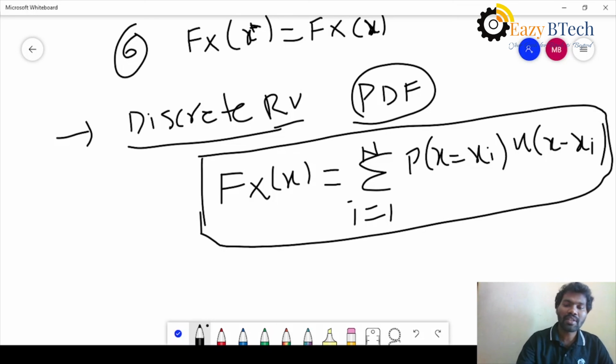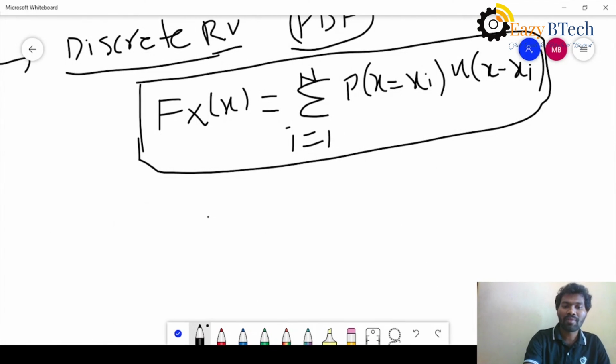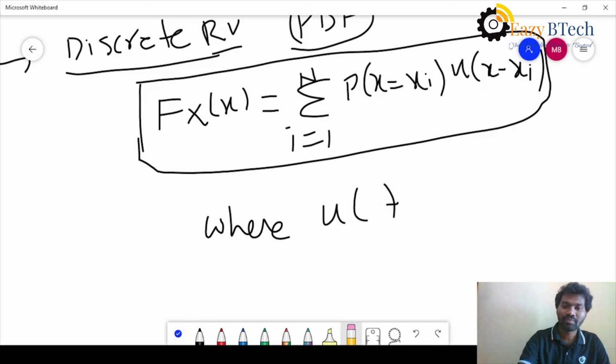So for a continuous random variable we get integrals, whereas for a discrete one the operations are completely on summation, as the name indicates. F_X of x is equal to sigma i equal to 1 to n of P of X equal to x_i, u of x minus x_i. What is meant by u here? u is a step function.